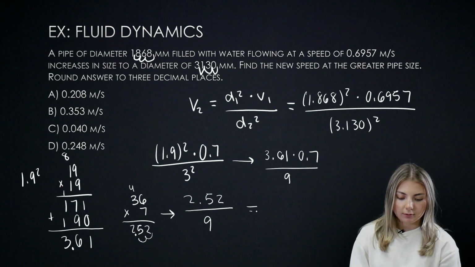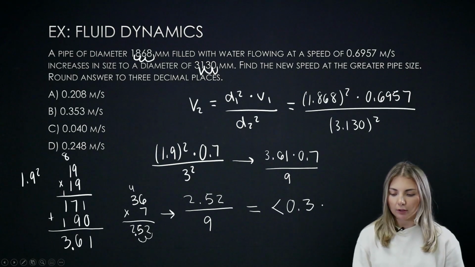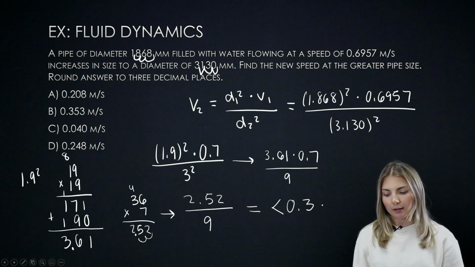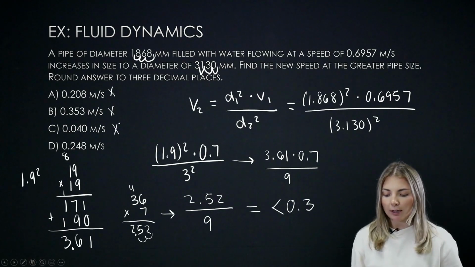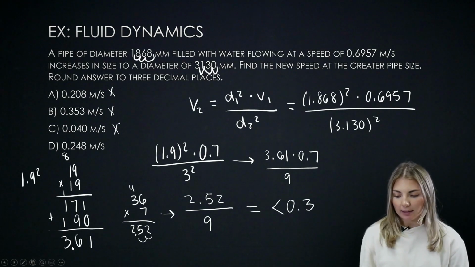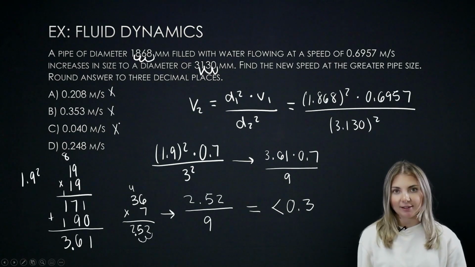So looking at our answer choices, we can eliminate A, B, and C. And we know that our only possible answer is going to be D, 0.248 meters per second.